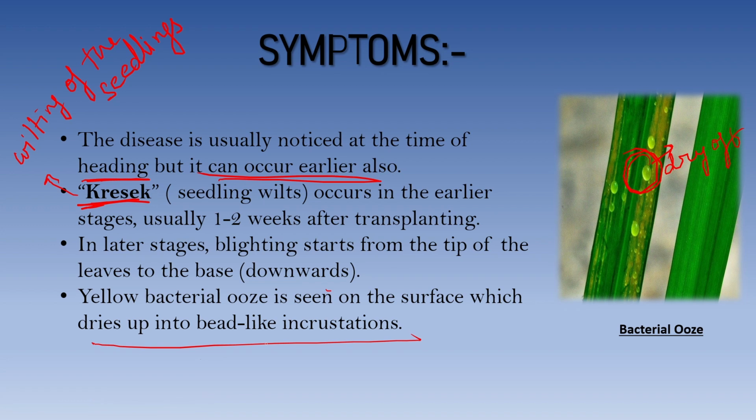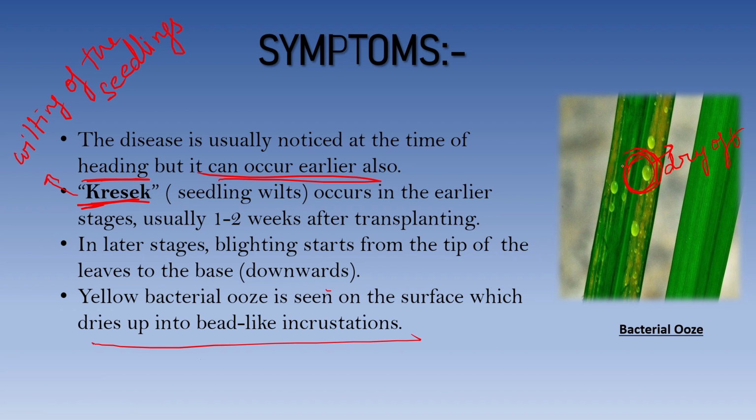This is the bead-like incrustation of the bacterial ooze, and it is a very distinctive feature of bacterial diseases. It is very hard for inexperienced persons to distinguish it from normal dew or sap of the plant, but you can look for the bead-like incrustations as seen in the picture, which occur due to the drying up of the bacterial ooze.